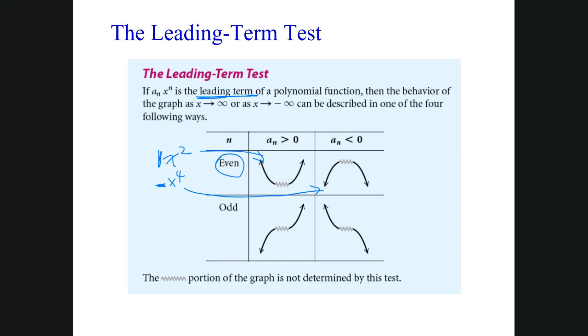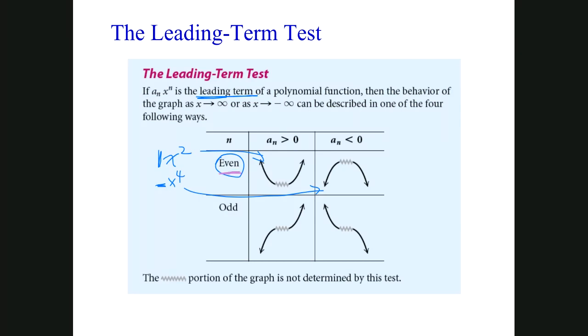Some people say quartic and quadratic look the same. Not quite. Quadratic is always symmetric, while quartic is not always symmetric. That is the difference.